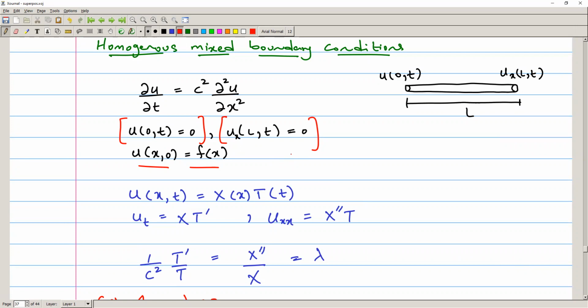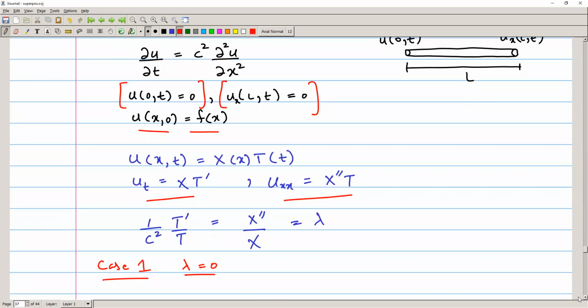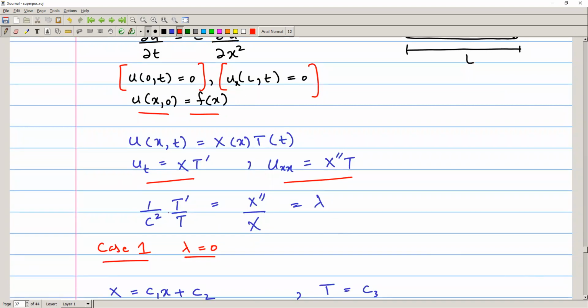Therefore, u_t equals X T prime and u_xx equals X double prime T. Then we separated the variables, and these ratios are equal to some constant, so they are independently equal to the constant respectively.